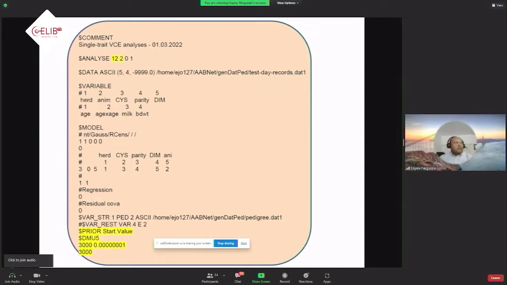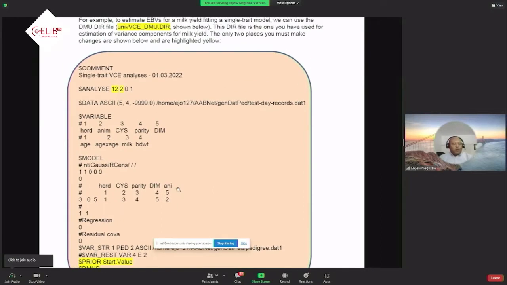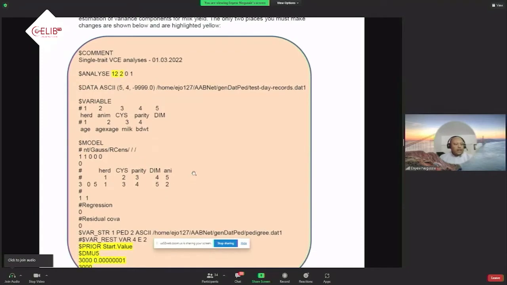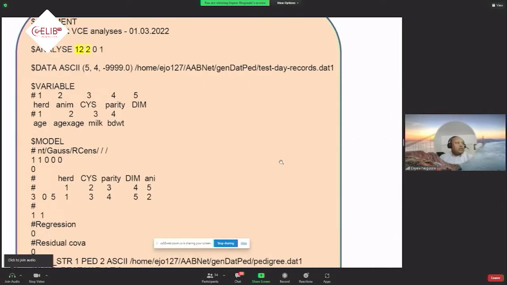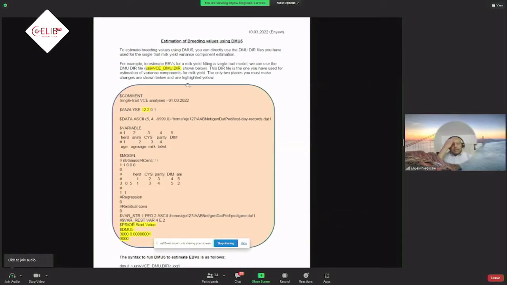So in this example, I use the single trait variance component estimation directive file, change a few things, and use it to estimate breeding values for milk yield for the animals.